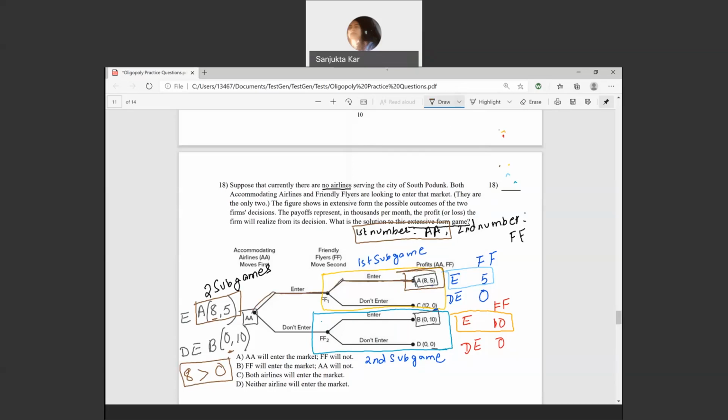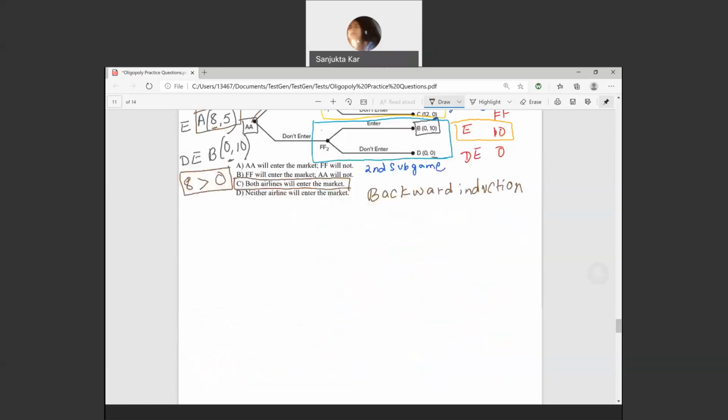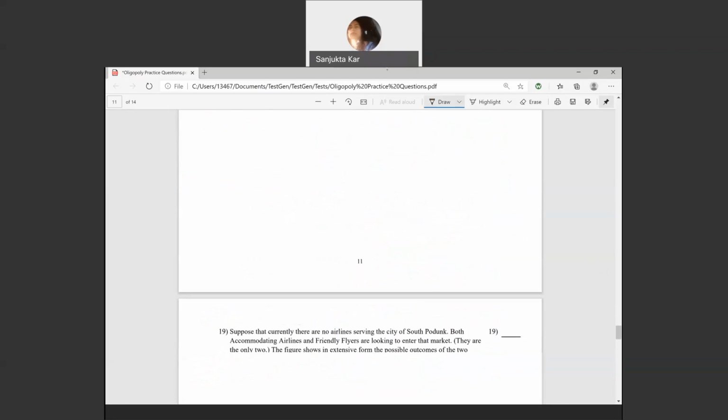So 8 and 5 is the solution, and both airlines will enter this market. This is called solution by backward induction. We need to know what the second player will do at the last stage of the game, and then we will work our way from there. Find out what the first player will do.